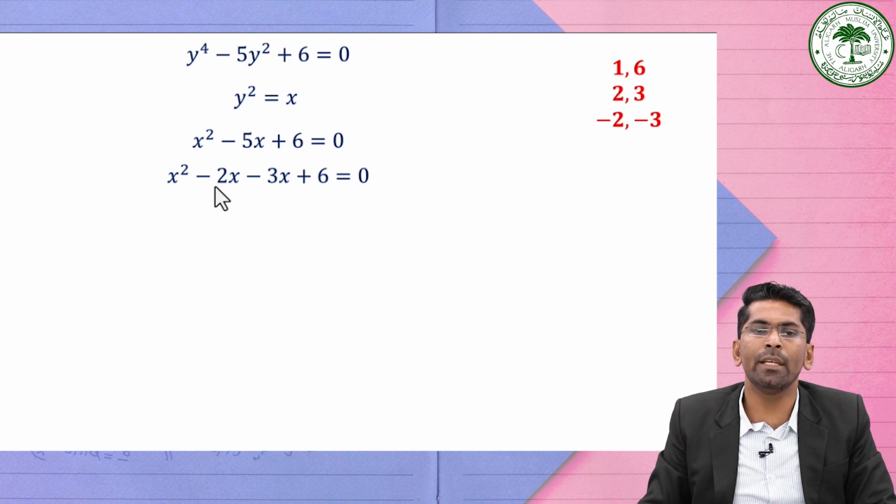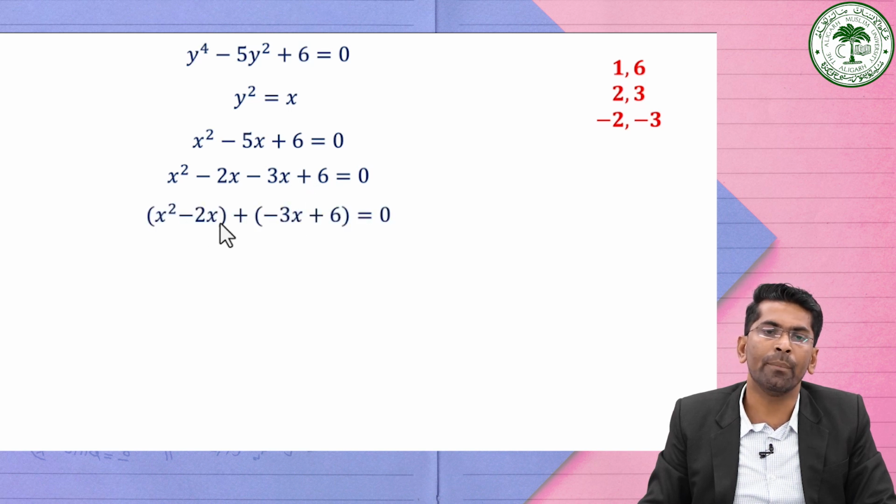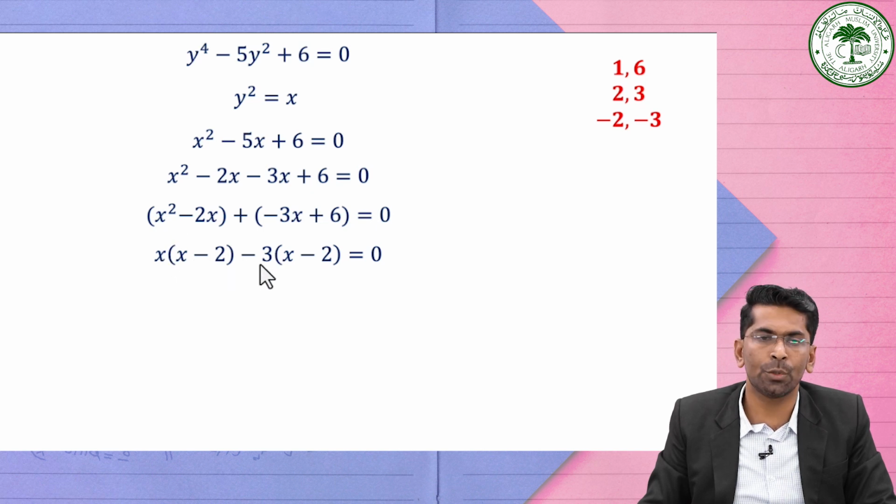Now we are grouping these terms: x square minus 2x separately and minus 3x plus 6 separately. Now we are taking the common element here. x is common, so I am taking it outside. What is remaining? x minus 2.